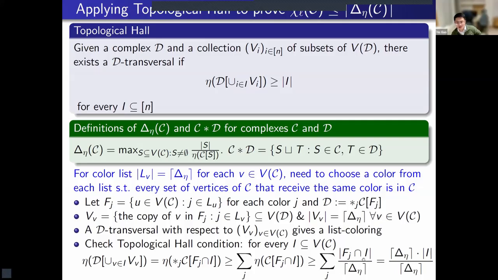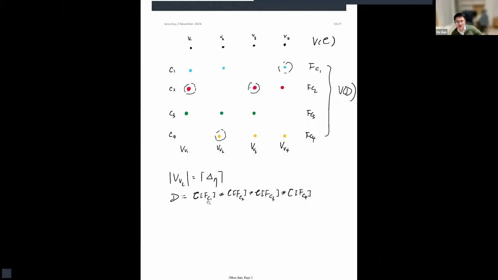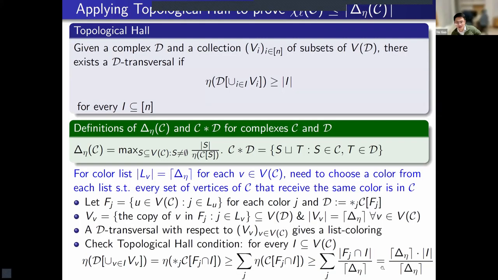And the last thing to show is whether this inequality holds, and that is actually by a double counting argument. Recall that for any set I and any vertex here, it has delta eta copies of them. So if you count vertically, the sum of this one is just the number of the vertices, which is the size of I, times, because each of them has so many copies, this term.